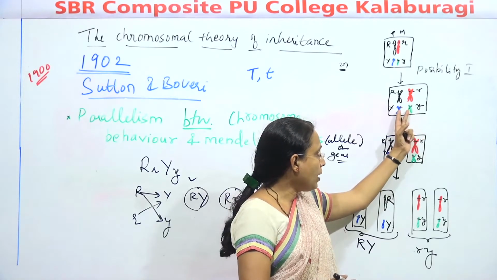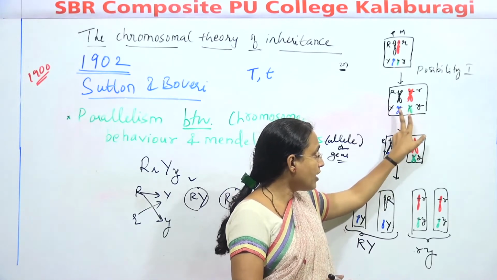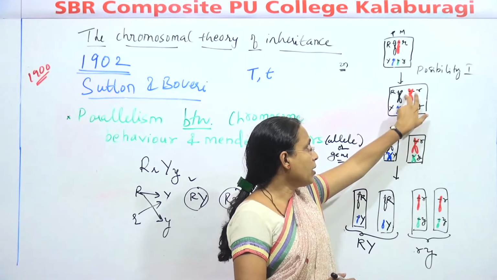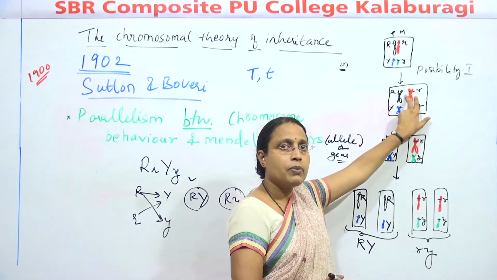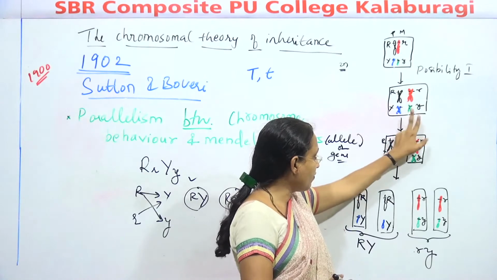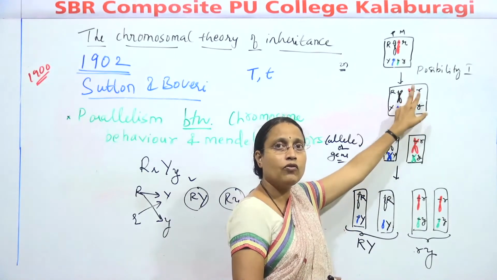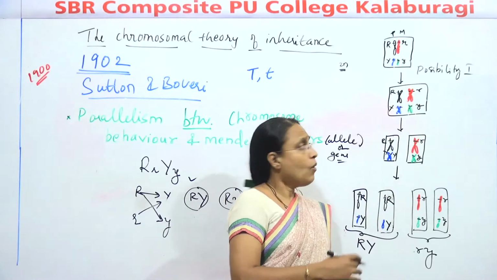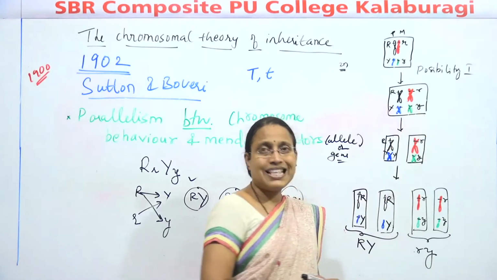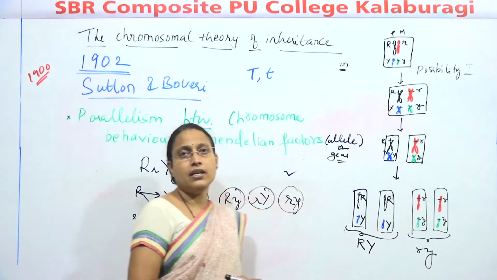That is, one pair of chromosomes can assort independently, without depending on the other pair. Each pair is independent to flip its direction. When the direction flips, this results in possibility 2.